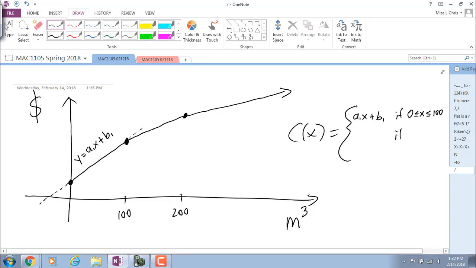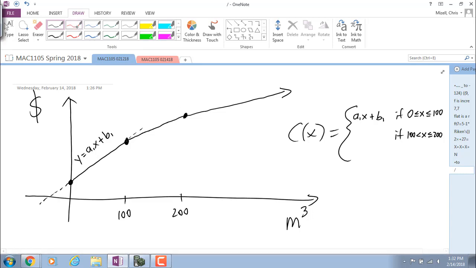What if x is greater than 100, but less than or equal to 200? X is between 100 and 200, not including 100, but possibly including the 200. Well, we would need a different straight line.